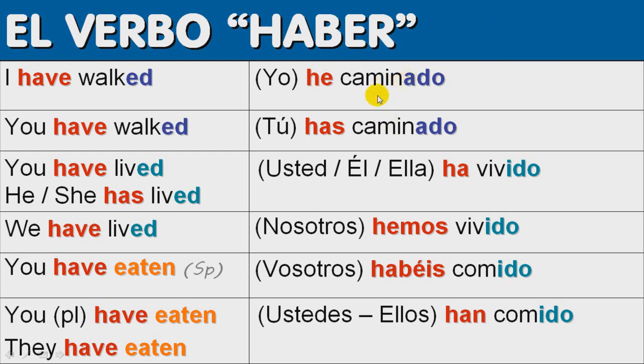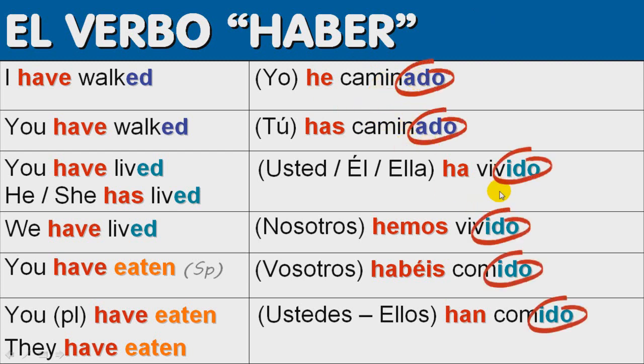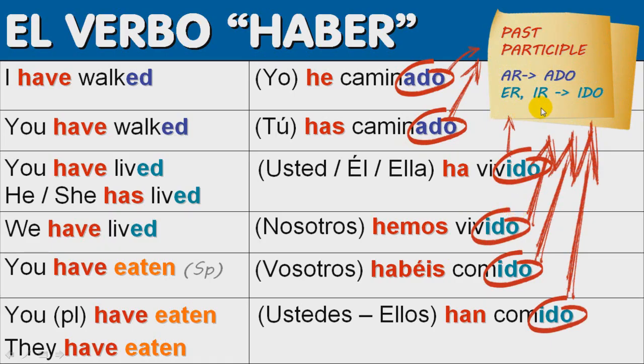So as we said before, AR verbs will drop the AR and will add ado. ER-IR verbs will drop the infinitive ending and will add ido. This is the past participle and there is a specific video on this in the grammar area. But the important thing to remember here is that anytime we have I have done something, walked, lived, eaten, or well, just any verb, if the Spanish verb ends in AR, we'll add ado.